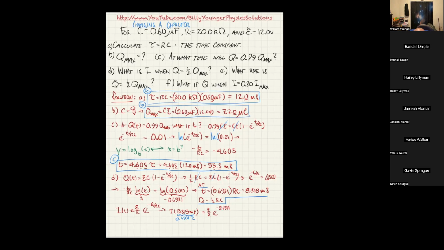So e to the negative 0.6931, it's actually not exactly 1/2. You have to carry all the digits, but you get 0.500, I've got 3 zeros after that, and then a 2, times E over R. And I don't think we did E over R yet, but that's I max.